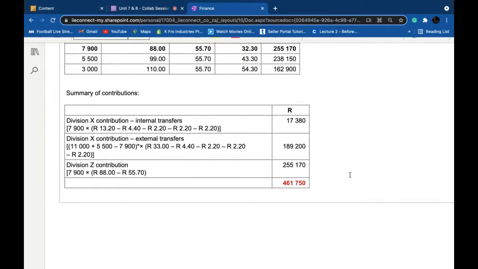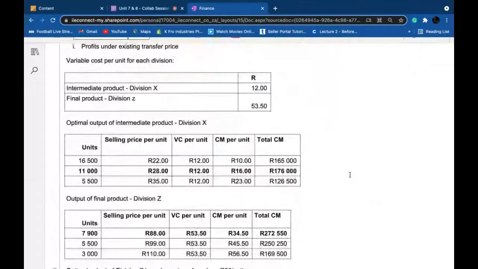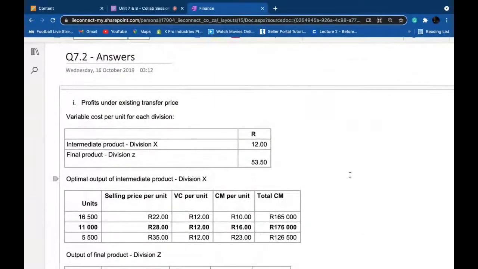Okay. So here the final answer that they're saying. I don't think I actually. No, I didn't. Yeah, doesn't seem like I actually copied it, but it says the manager of Division Z will choose an optimum level of 5.5 units at a selling price of 99 Rand per unit.